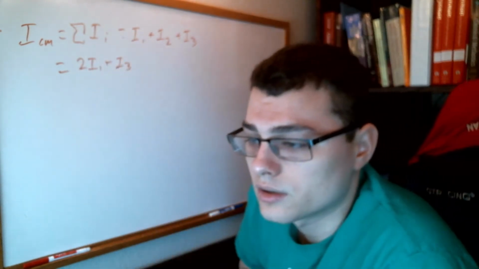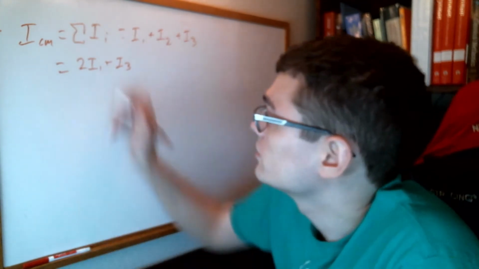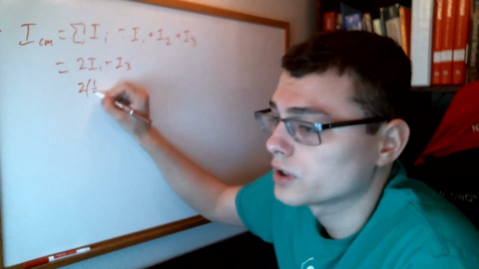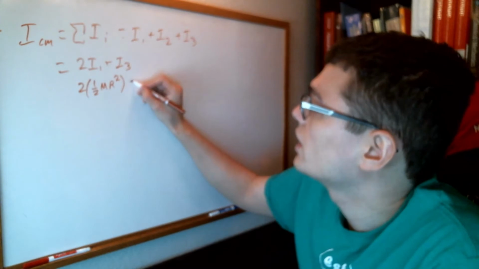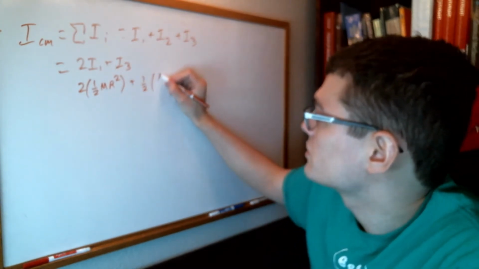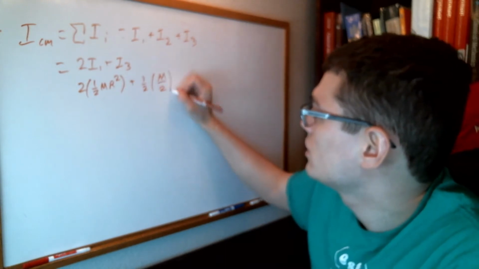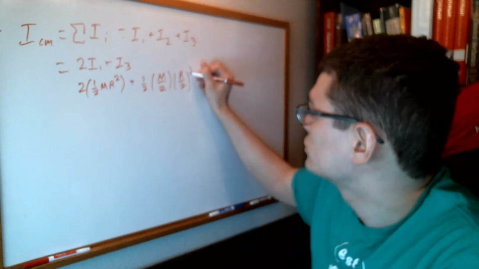And so then figuring what I1 is, we have that this is going to be equal to 2 times 1/2 mr squared. And then we have to add 1/2, and then we plug in what m is here. So this is m over 2, times r over 2 squared.